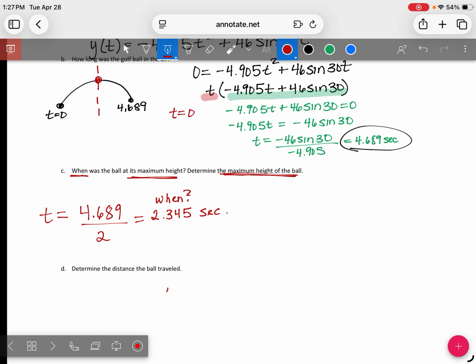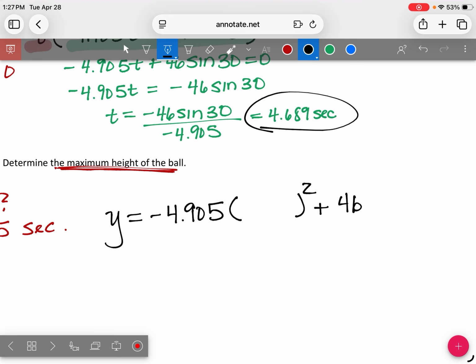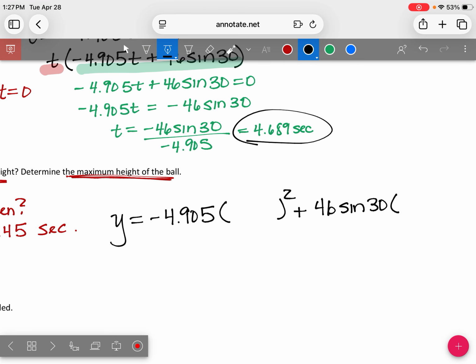So y equals negative 4.905 t squared plus 46 sine 30 t, and I'm plugging in that 2.345. That's going to tell me the height at the vertex, which is the middle.